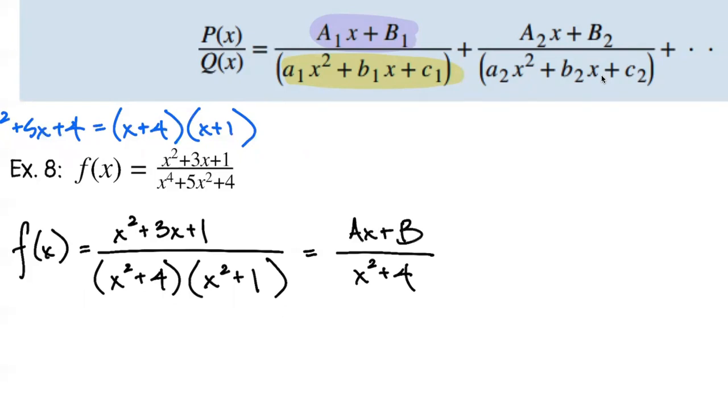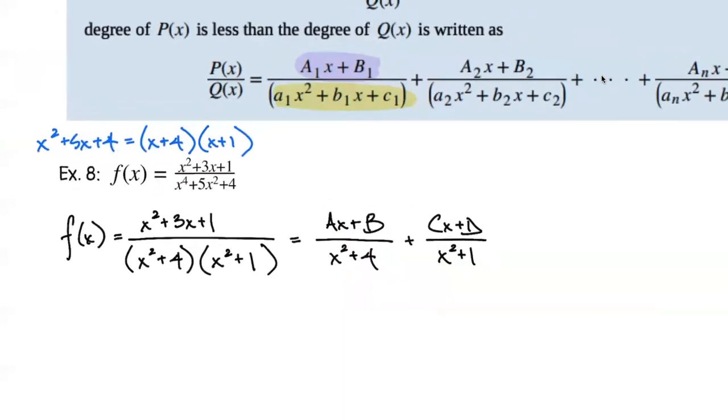Great. We've got a quadratic on the bottom, so we need a linear on the top. And then for our second fraction, we have a denominator of x squared plus 1, still quadratic. So we're going to need a linear factor here, right? Instead of ax plus b, we'll just move along the alphabet. We get cx plus d. Okay. So if I said, hey, set this up, you would be done with your setup at this point. Okay.